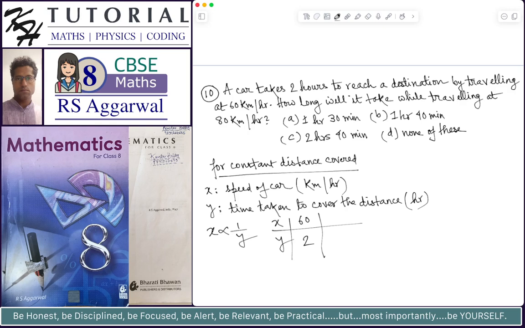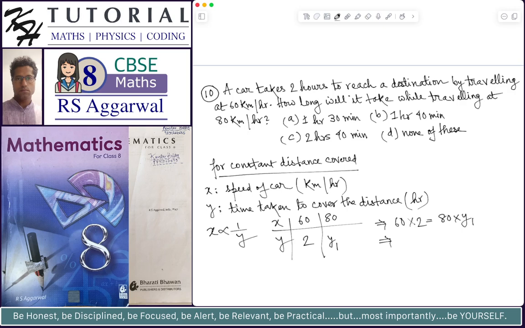Let's assume the car will take y1 hours to cover the same distance at a speed of 80 km per hour. So now we will have 60 multiplied by 2 equal to 80 multiplied by y1.